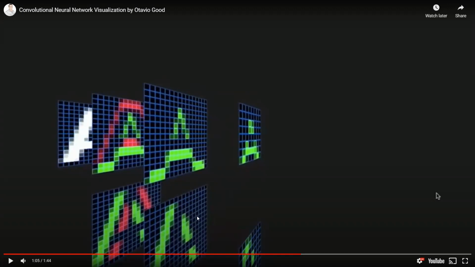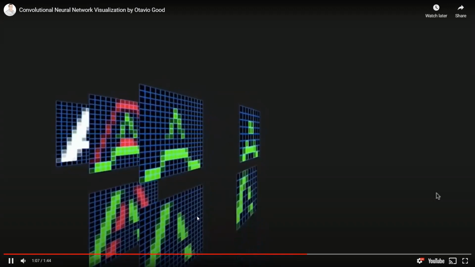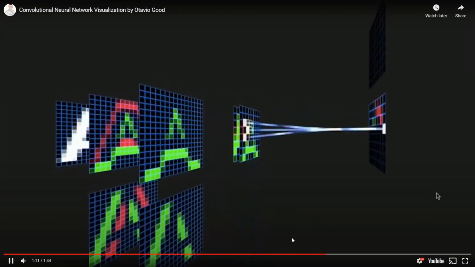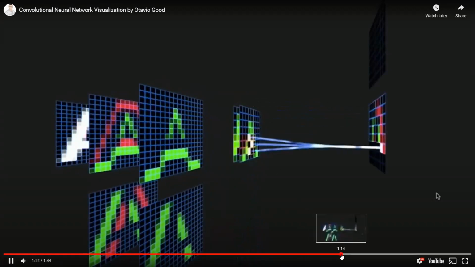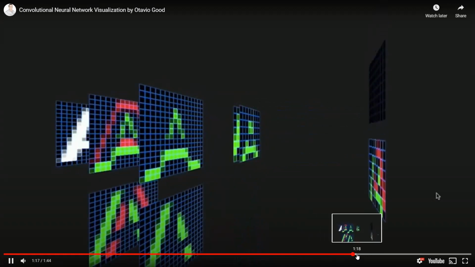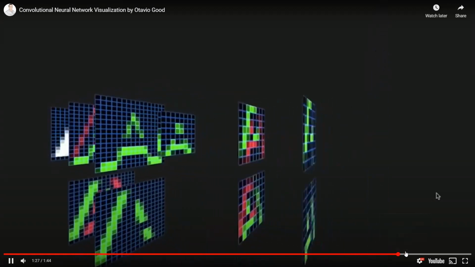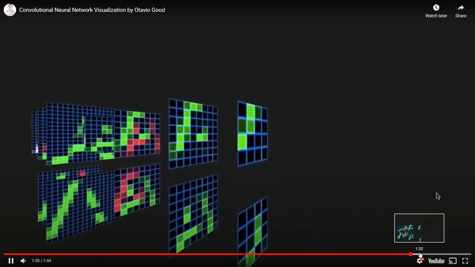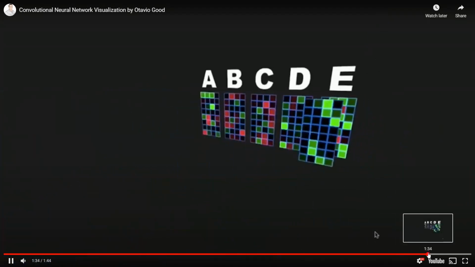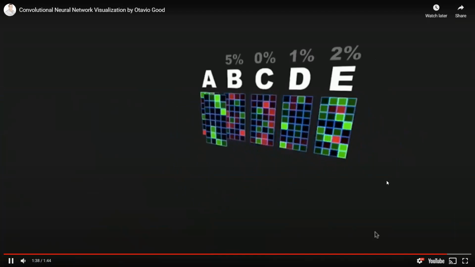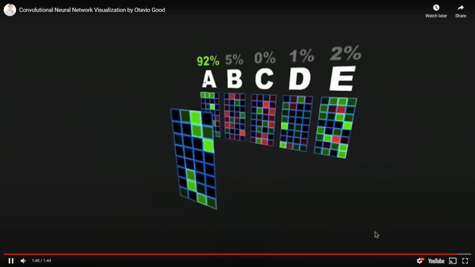This is the output of a second logistic regression. And then we repeat this operation again and again, until we arrive at the final layer where we combine all the search space and say if it's an A, B, C, D, or an E.